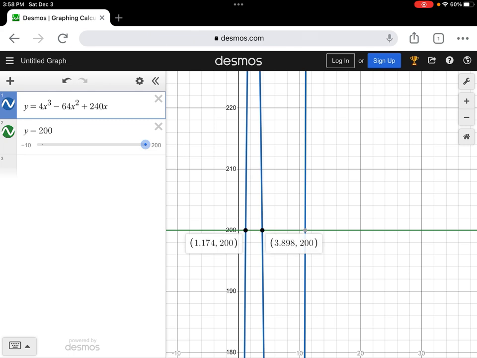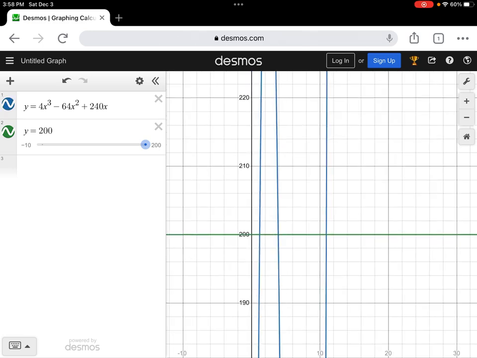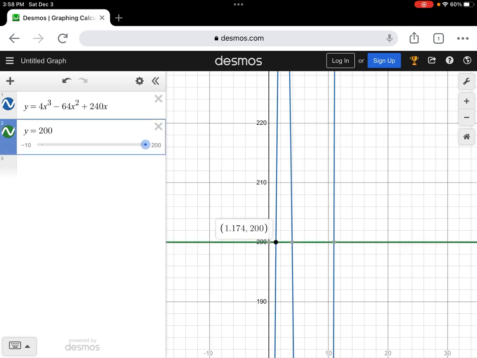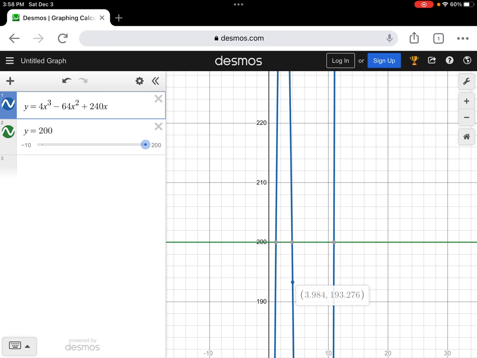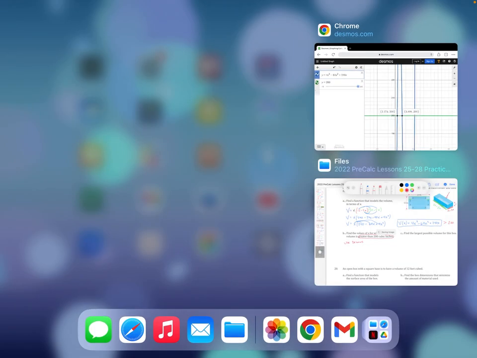So those are the x values that you could be between, that 1.174 and 3.898, in order to be greater than 200. Because notice all these x values here give you a y value bigger than 200, and it keeps going until you get to that point right there. So those are x values that you can use.